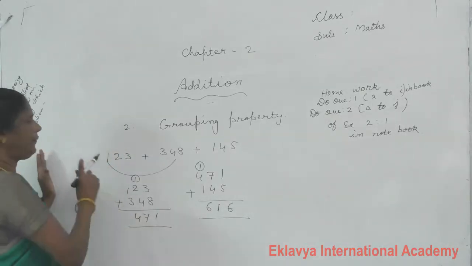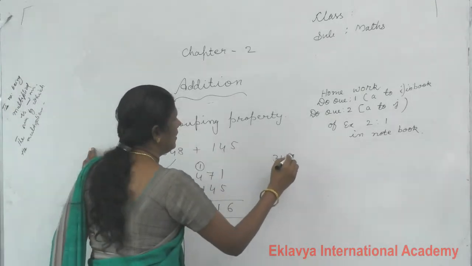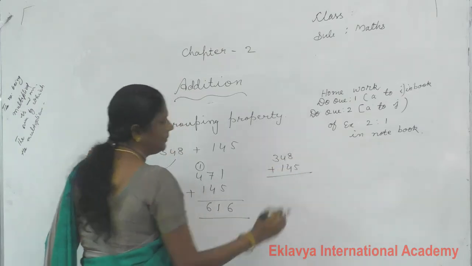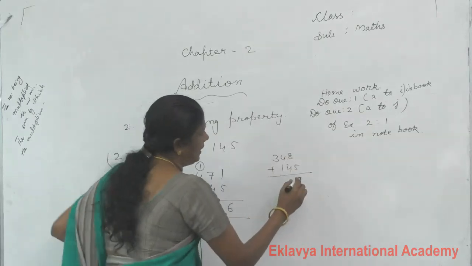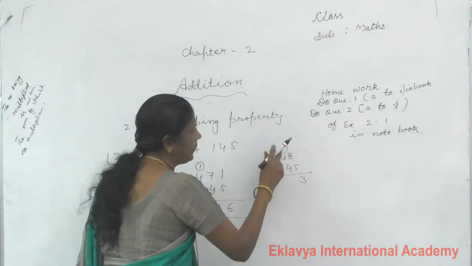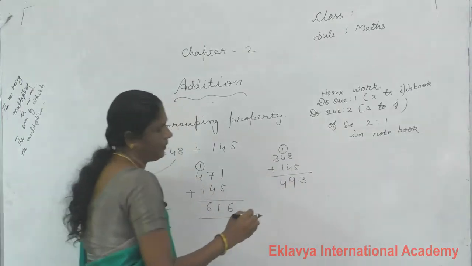Then second, grouping second: 348 plus 145. First add 8 plus 5, 13, carrying 1, 4 plus 4, 8, 8 plus 1, 9, 3 plus 1, 4.